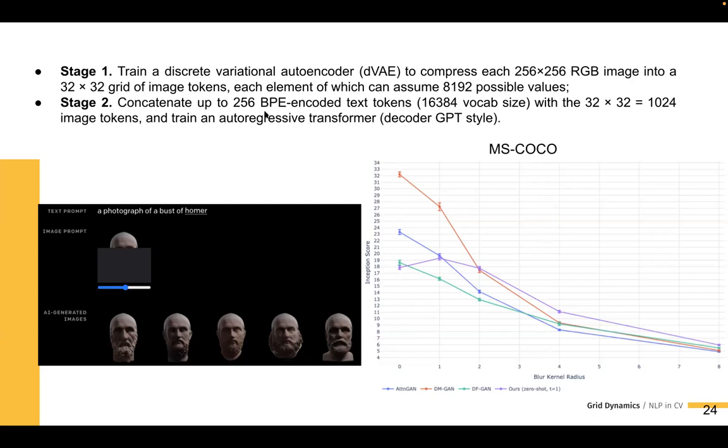So we have 256 tokens with textual information and 1024 tokens with image information, and they just train it. Now when we have some new textual information, because we have GPT, we ask it to predict what the next token is.